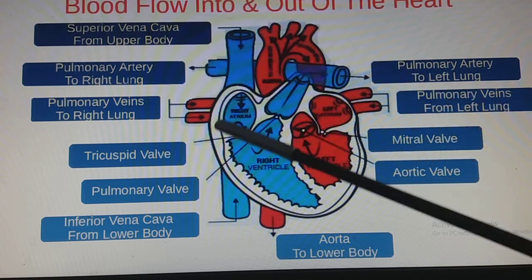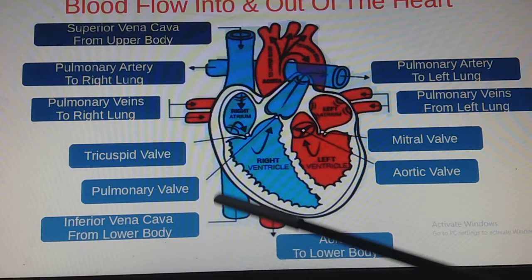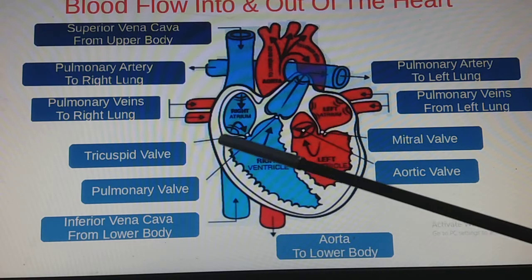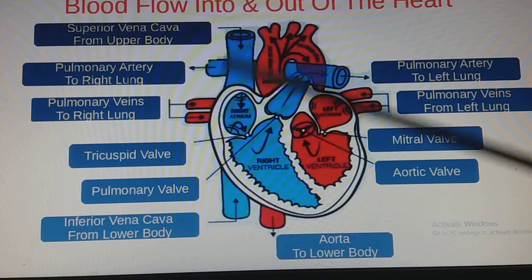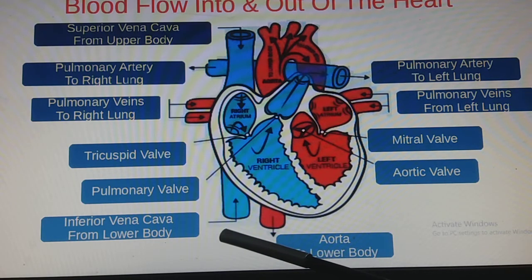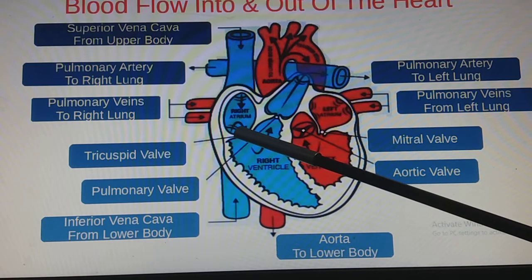This is the inferior vena cava, which brings blood from the lower part of the body into the right atrium. You can see the arrows from here and from here. From both of the vena cavas, the blood is pumped into the right atrium.